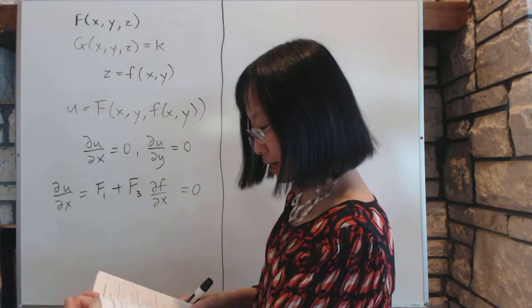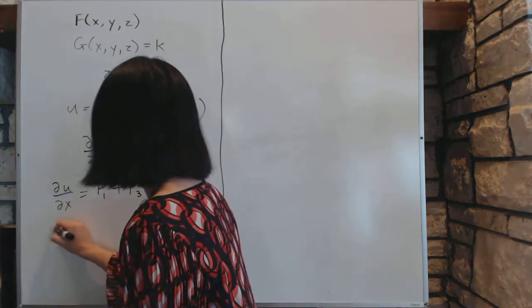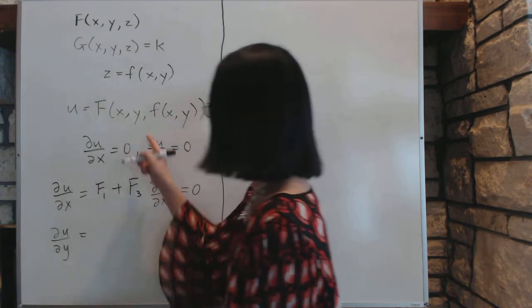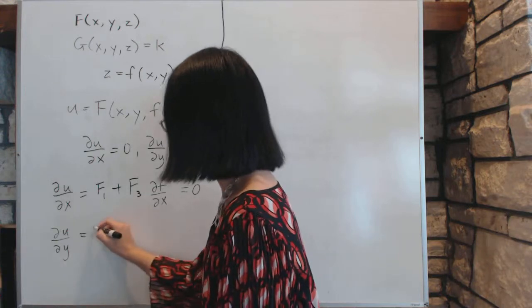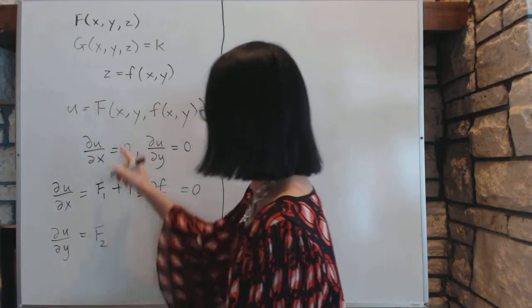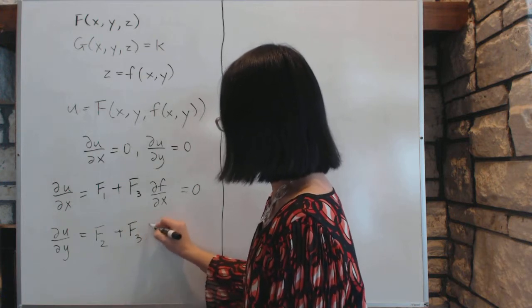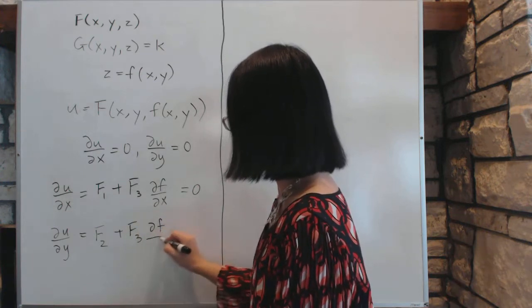Similarly, partial u partial y equals f2 plus f3 partial f partial y.